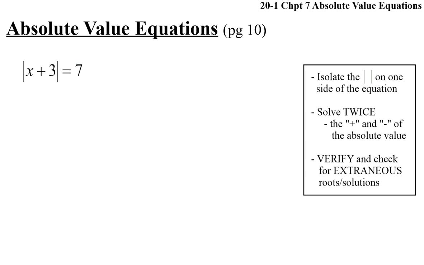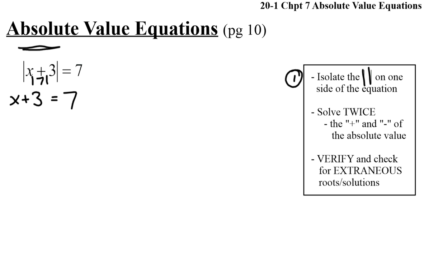Here's probably about as easy a question as you're going to get. X plus 3 absoluted is equal to 7. Well, like we just talked about, the first thing these questions require is you want to isolate the absolute sign on one side. We have that. X plus 3 is by itself on one side in the absolute. But now we have to solve twice, because if x plus 3 equaled 7, that would be good, because the absolute of 7 is 7.